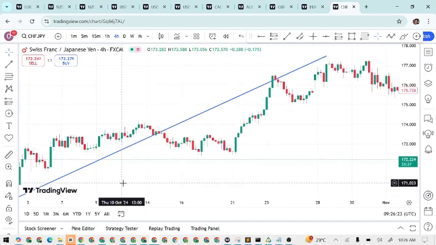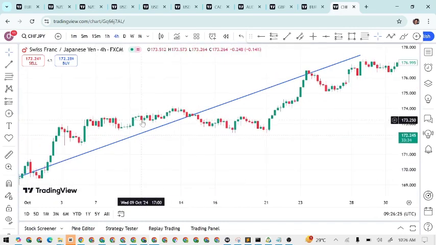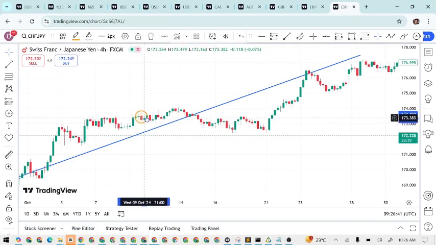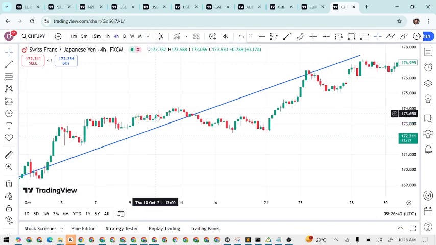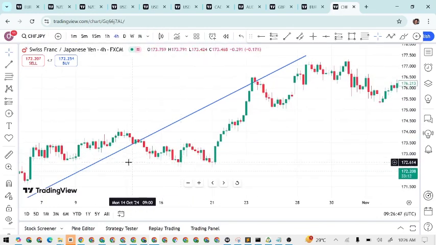Let's take for example this candle here. I wouldn't consider this a strong candle because the length of that candle is very, very small. So I wouldn't consider that for a trade. These are the things you need to look out for.